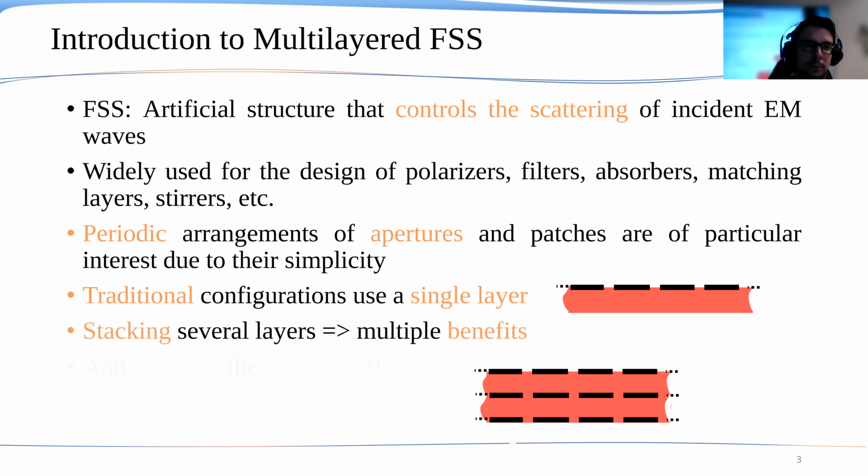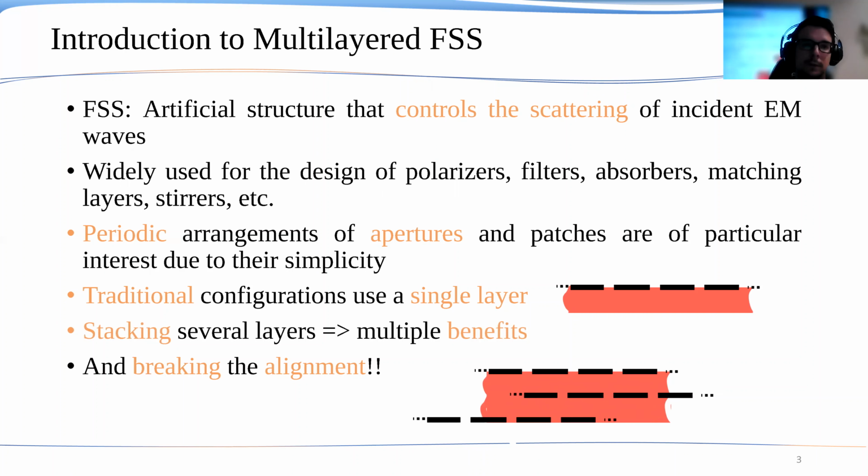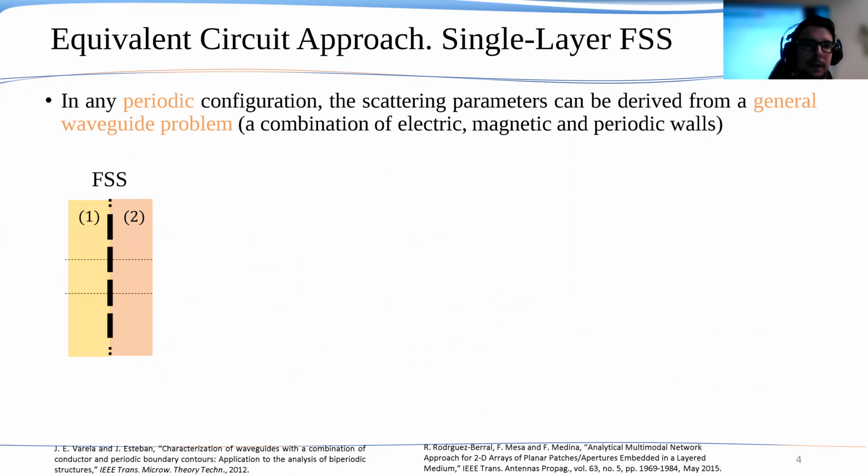Nonetheless, it is well known that stacking several layers and breaking the alignment between consecutive, adjacent layers brings multiple benefits to the structure, such as increased bandwidth or the appearance of new transmission peaks. In any periodic configuration, the scattering parameters can be derived from a general waveguide problem, which is a combination of electric, magnetic, and periodic boundary conditions.